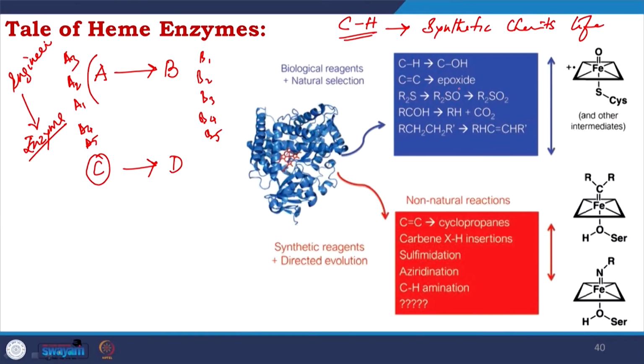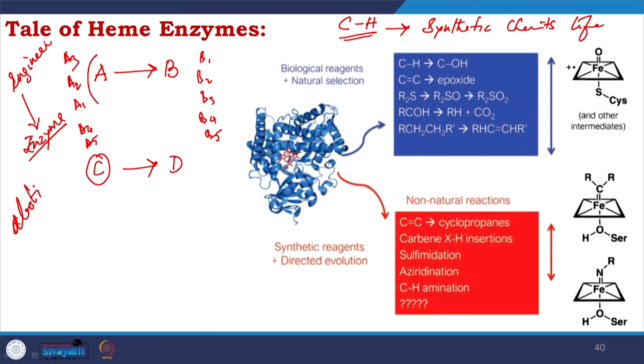But these heme enzymes are actually working on them, and when they work, they are very specific. So the departures, as I told, C-H to C-OH, C=C to epoxide, R2S to R2SO, R2SO2, RCOOH to RH plus CO2, RCH3 to RCH2R', R'HC=CHR'. So, many reactions, but now we are going from there to abiotic reactions.